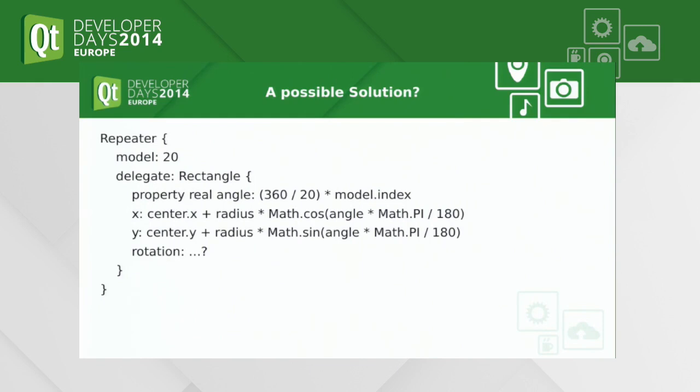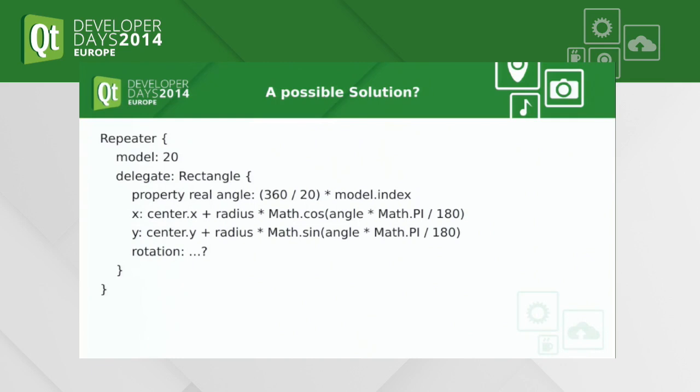Well, we have more or less always the same elements, so we can use a Repeater to make it a bit declarative. For example, if we want to implement such a clock, then the clock ticks would simply be rectangles. And we have to position the rectangle somewhere. That means if we want to position them along a circle, we have to do some math, like calculating the position inside our Cartesian coordinate system depending on the current angle.